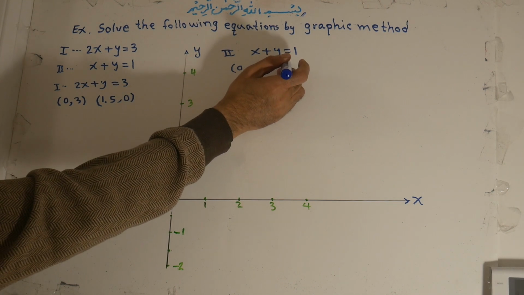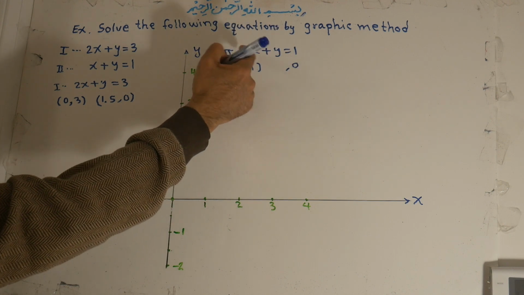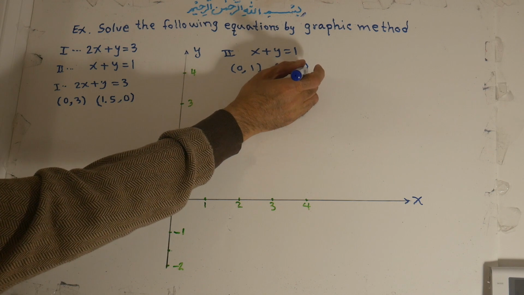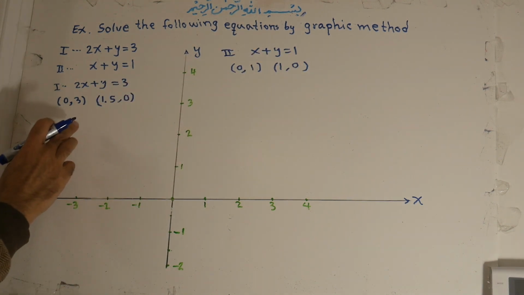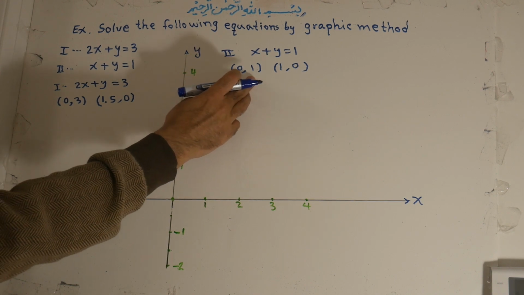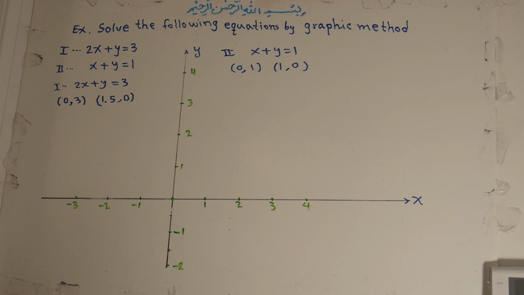If y is 0, x is equal to 1. The first one is x, the second one is y.